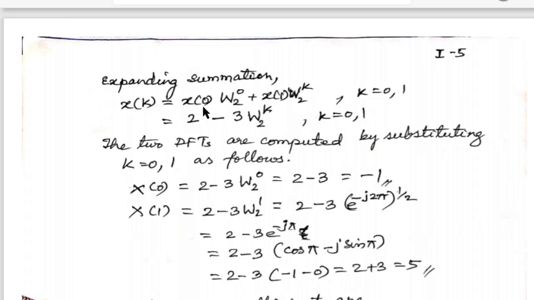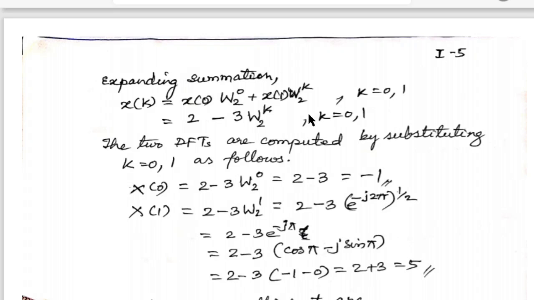So in the first term n being 0, in the second term n is 1. After substituting the values of the sequence, in the first case 2 into 1 becomes 2, minus 3, x of 1 is minus 3, so minus 3 into W suffix 2 raised to small n is 1, so only k comes up here. So this is the expression for X of k after substituting small x of n values.